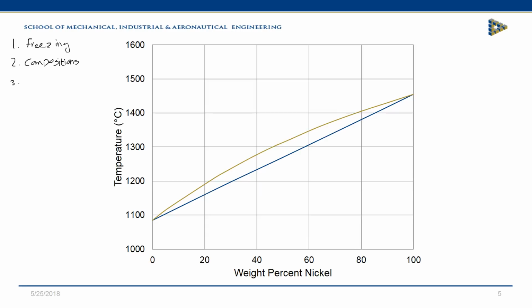And the last thing we can figure out is how much, or the weight percentage of different phases. So let us take a 40% copper nickel alloy again. We know that this is our isopleth running like this.